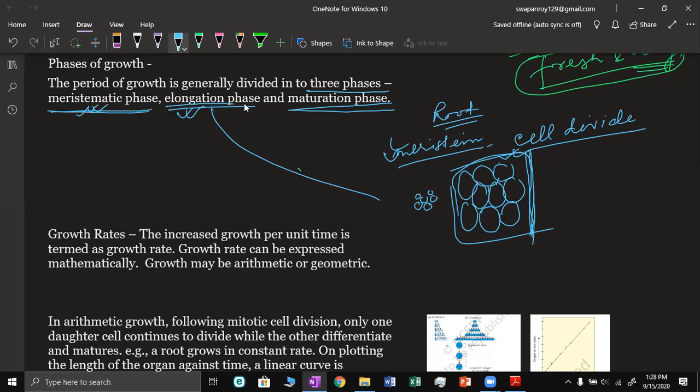In this zone of elongation, the root elongates very fast because the newly formed cells enlarge in size, and once this has taken place, after that there is a specialization.